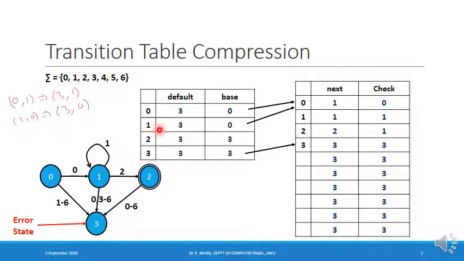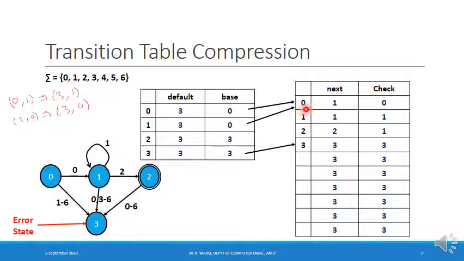Now from 0 I have only one valid transition, that is on 0, so that transition is stored over here, and the transitions from 1 to 6 that are taking me to the error state are being handled through the default state.